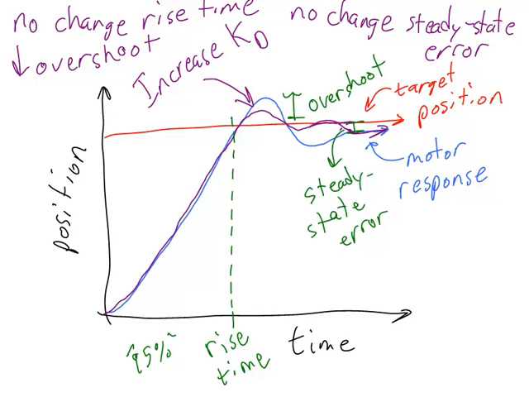Increasing the value of KD also has no significant effect on the steady state error. Thus, increasing KD primarily has the effect of reducing the overshoot. Because reducing the overshoot is the primary effect of increasing KD, derivative control is also said to be adding damping to the system.